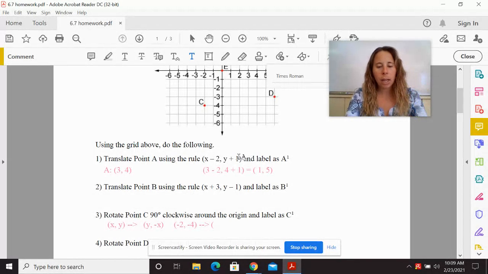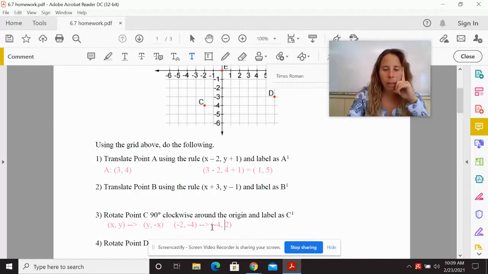Switch your X and Y. So -4, -2. And then switch the sign. Boom. So that would be your new point, -4, 2. Probably can't highlight it. Never lets me highlight my own stuff.